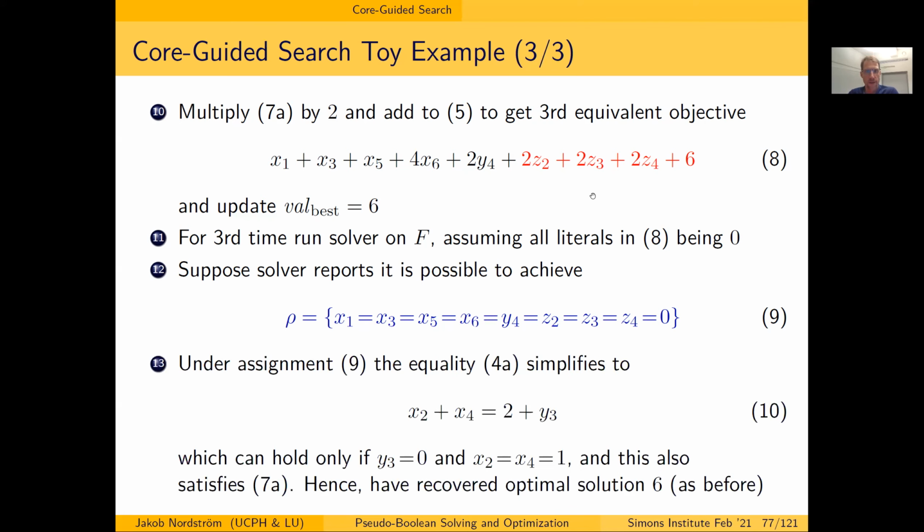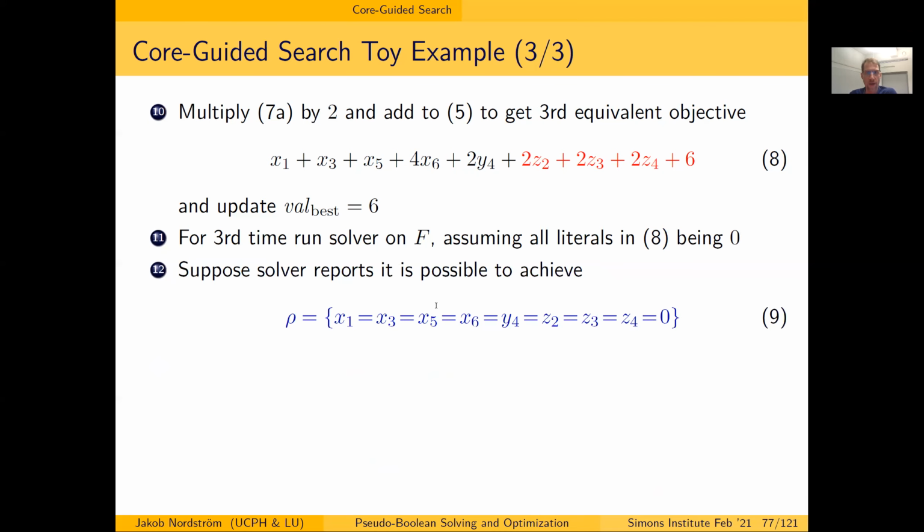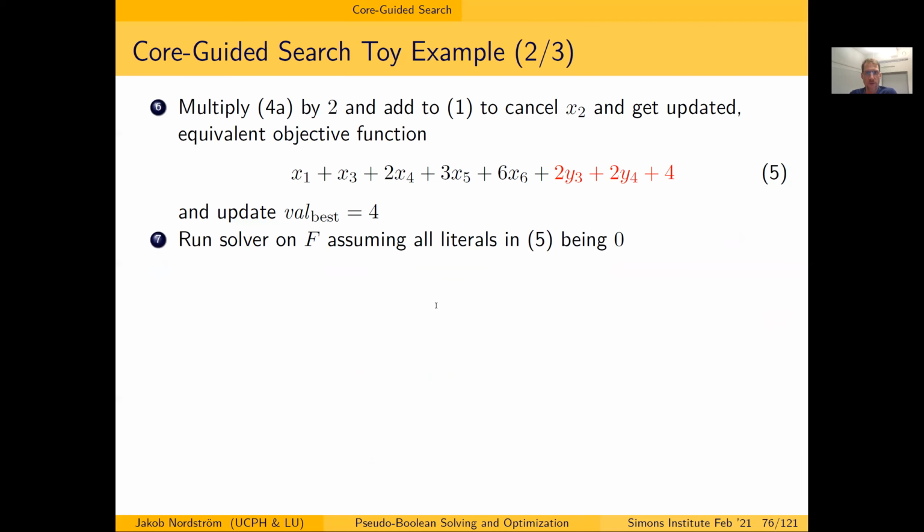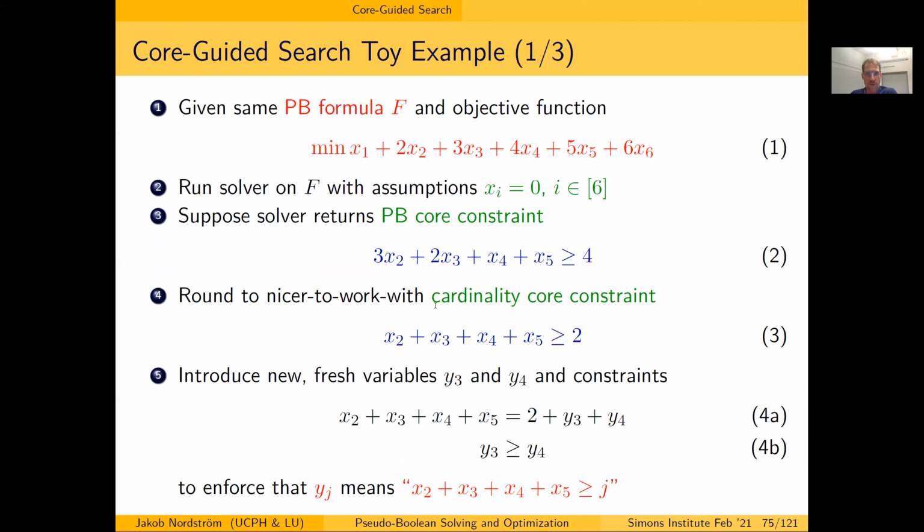Fantastic. So then we know from this that we can read off the original solution. If the solver doesn't already tell us, we can figure it out ourselves from 4a, which was the constraint where we introduced y3 and y4.